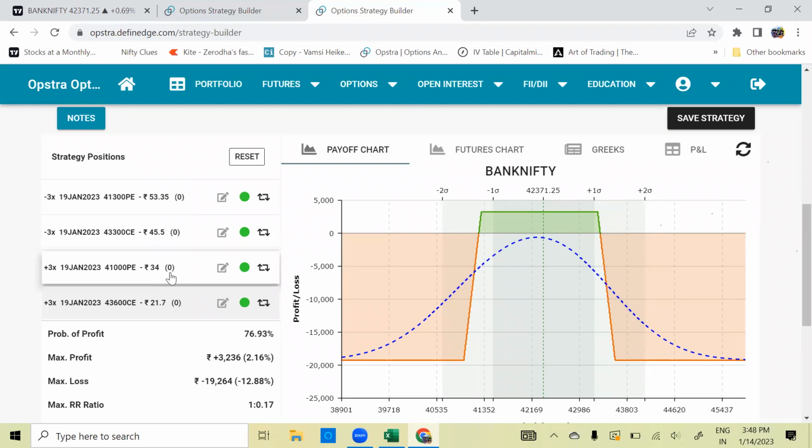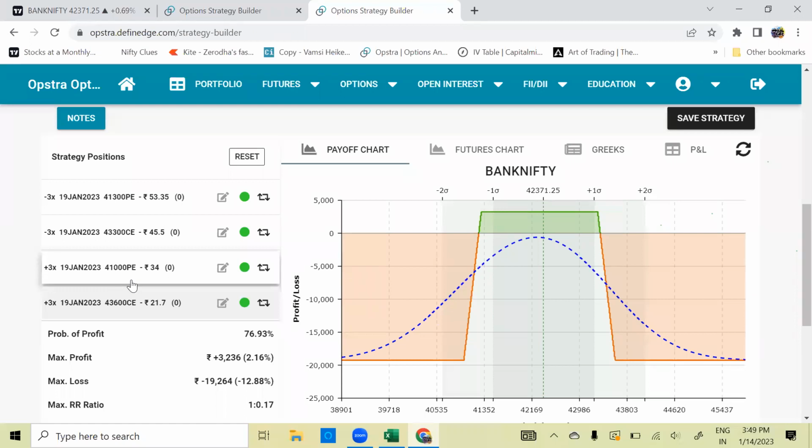But whenever I say iron condor, please don't buy, like now 41,300 is there, so you go and buy 4,300. Don't do that. If you buy hedges more than 500 points away in Bank Nifty, that is not a proper hedge. That is just for margin benefit.